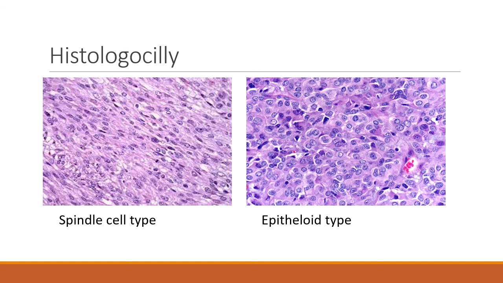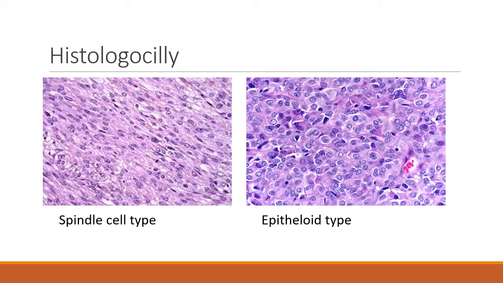And last is the gastrointestinal stromal tumor, that is the tumor of the interstitial cells of Cajal or pacemaker cells, and in the pathogenesis they commonly occur because of the mutation of the KIT or platelet derived growth factor receptor alpha gene. Grossly it may be of 30 centimeter in size, fleshy mass on cut surface shows the whorled appearance, and histologically it may be of spindle cell type or epithelioid type.